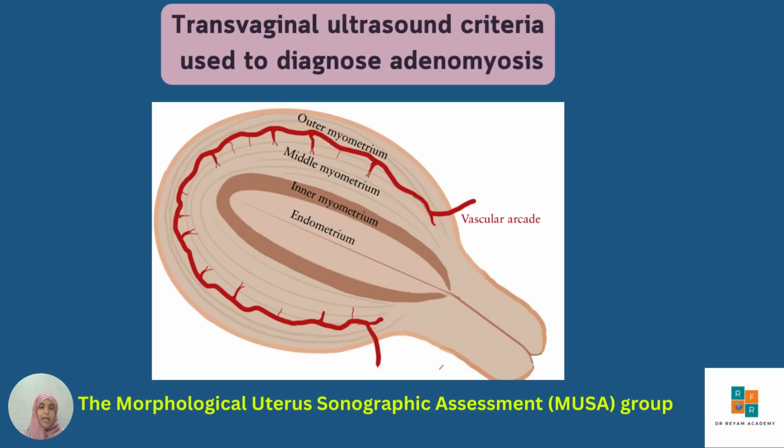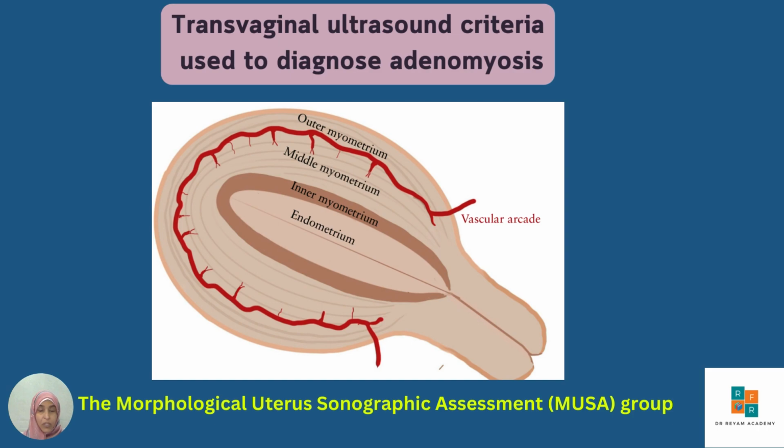ultrasound. The morphologic uterus sonographic assessment MUSA group divides the myometrium into three layers, as we can see here in the picture. The first layer is the inner myometrium, which is called the junctional zone, then the middle myometrium, and the outer myometrium. The middle myometrium is located between the inner myometrium or junctional zone and the arcuate vessels.